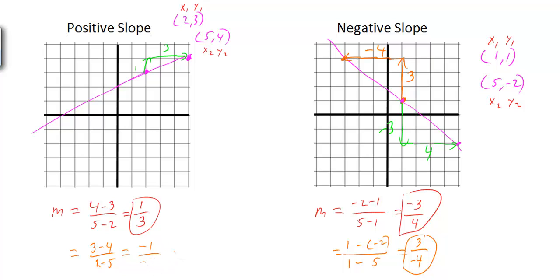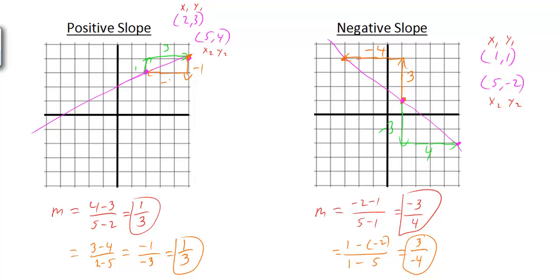And notice here, you wouldn't want to leave this as negative 1 over negative 3, because two negatives divided would be a positive 1/3. Now, if you wanted to count this off, you could, as far as if you started here at this point and said, oh, it's negative 1, we could go down 1, and then we could count to the left 1, 2, 3.